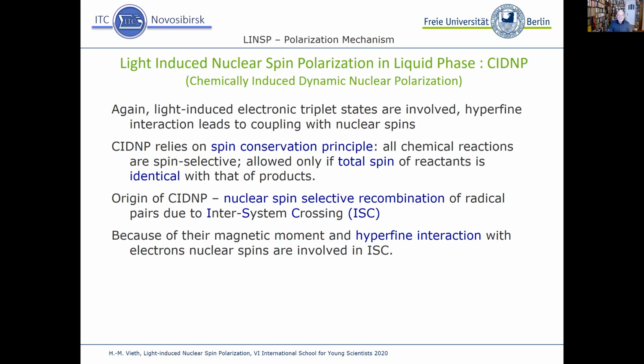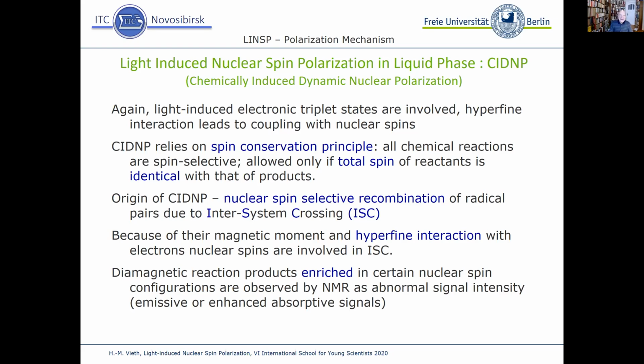So this spin evolution involves electron and nuclear spins interacting with hyperfine coupling.